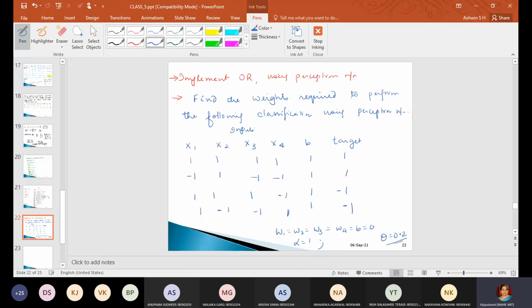Let us see how you get the weights. Try for 2 epochs. Okay, please do it for 2 epochs.